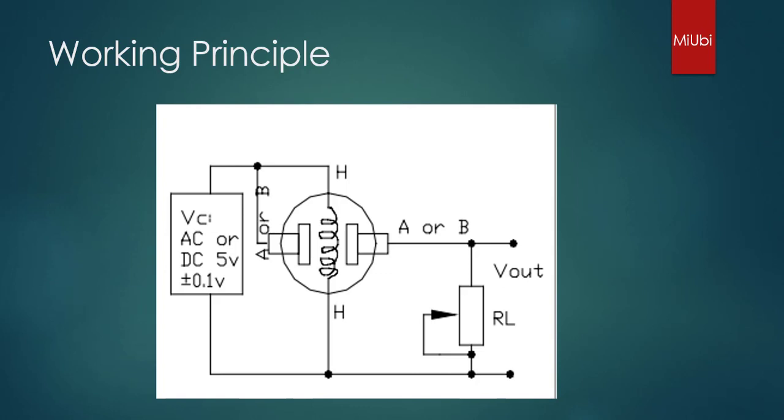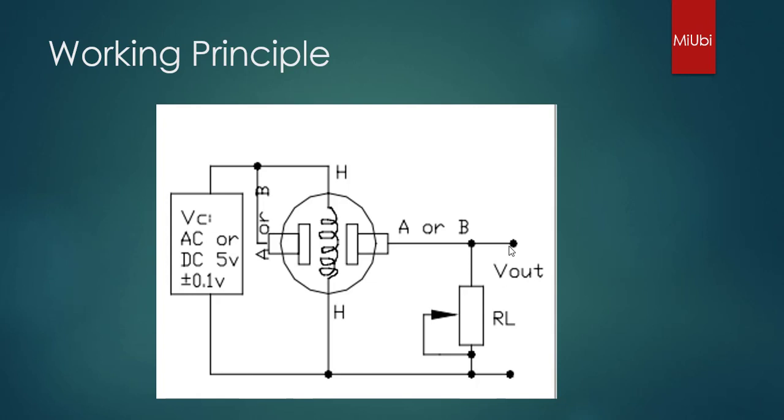If you see the working principle of the MQ135 sensor, it basically has a variable resistor whose resistance changes with the gas concentration it has been subjected to. In this diagram, you have biased the sensor and you have a load resistance.